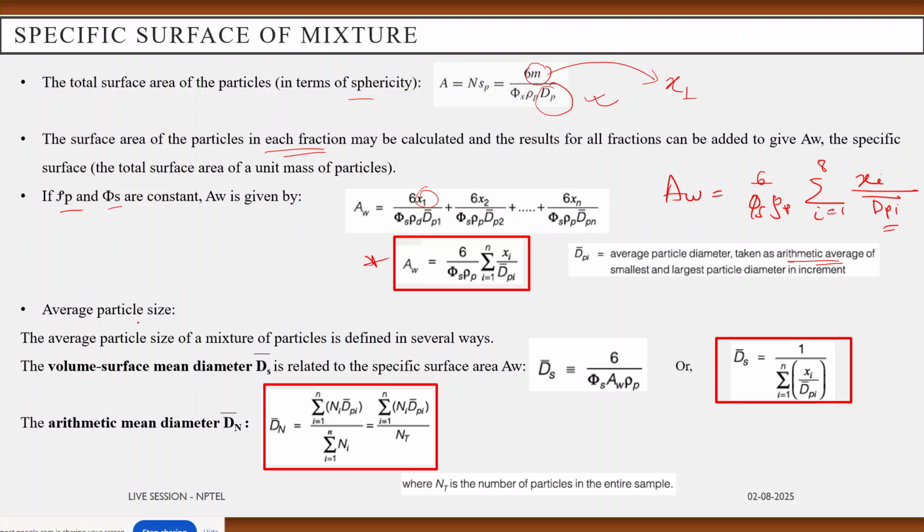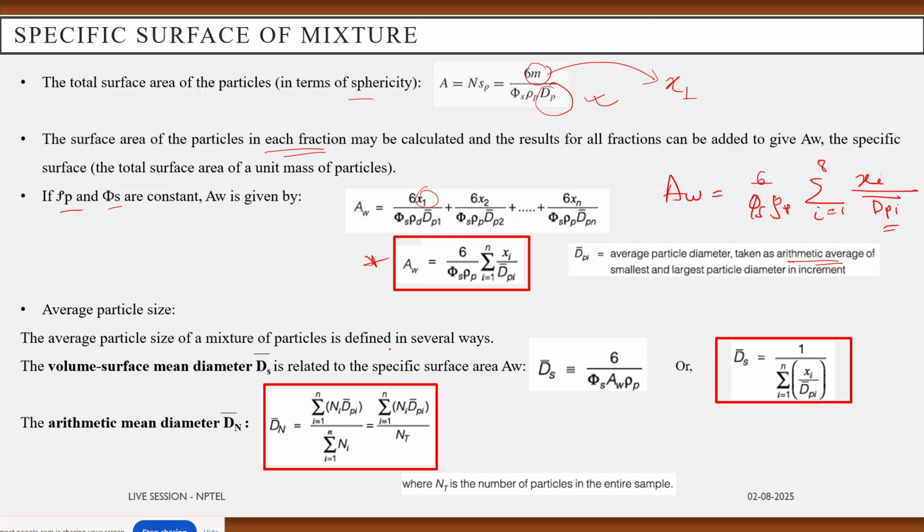And then the average particle size: you have different particle sizes in a mixture, so you want to know the average particle size of your sample. That is defined in various ways through various definitions. The first one is the volume surface mean diameter.